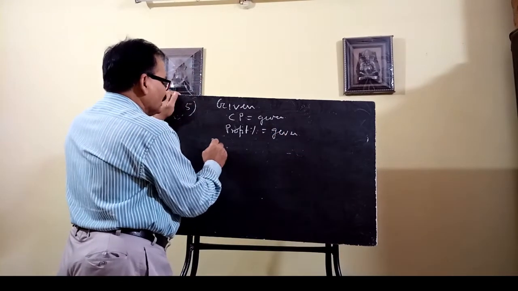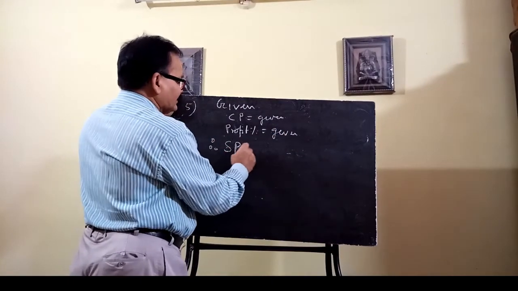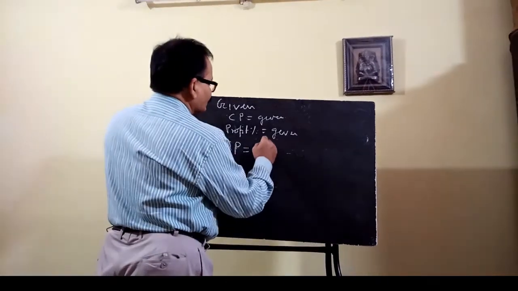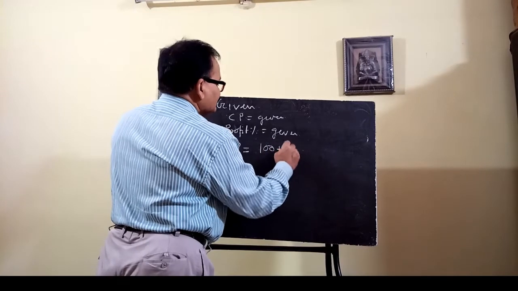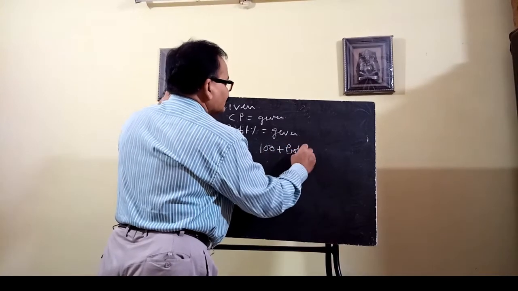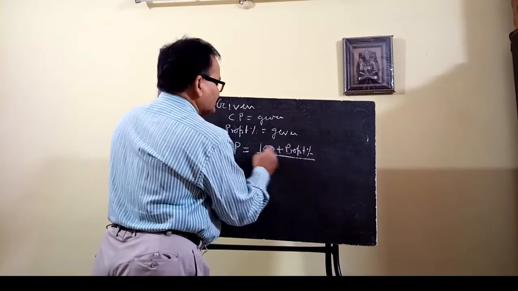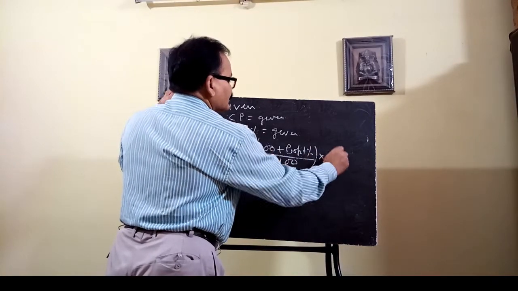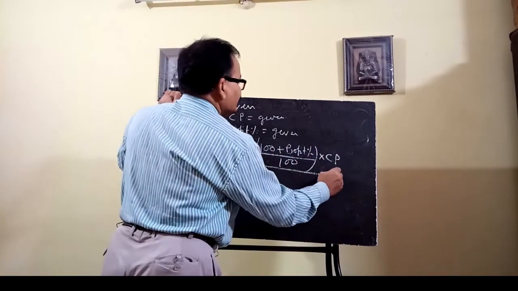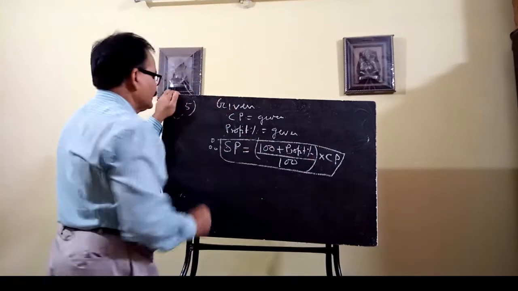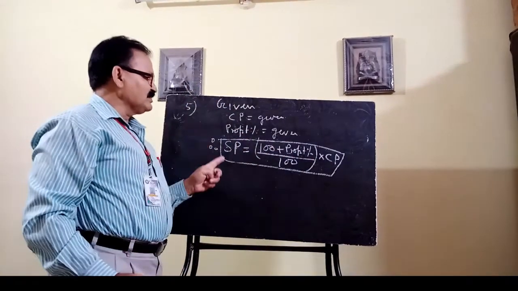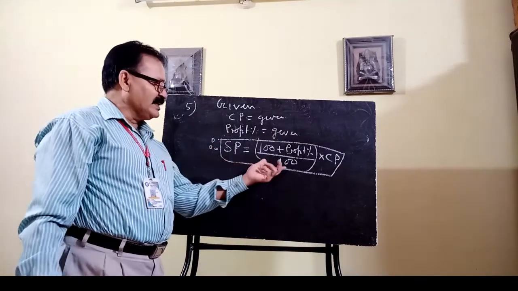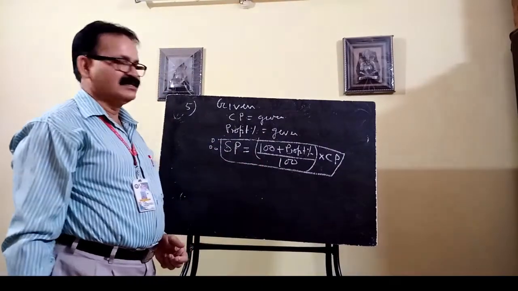Then you have to find the SP directly. For finding the SP, you have to use (100 plus profit percent) by 100, into CP. Then you will be able to get the SP. Here CP is given, profit percent is given, and then SP can be determined directly by using this formula.